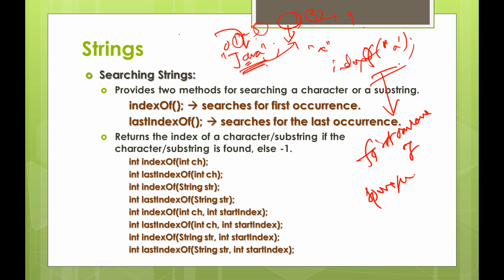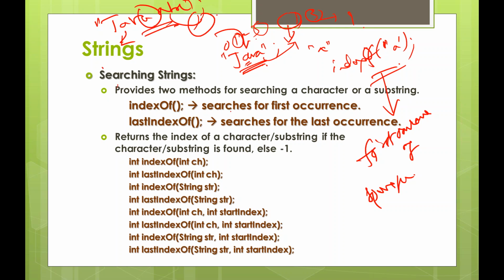In between, there may be some others. You can take any other string that will have more occurrences. So here, this is the first index. This is the middle, we will not worry about that. This is the last index.